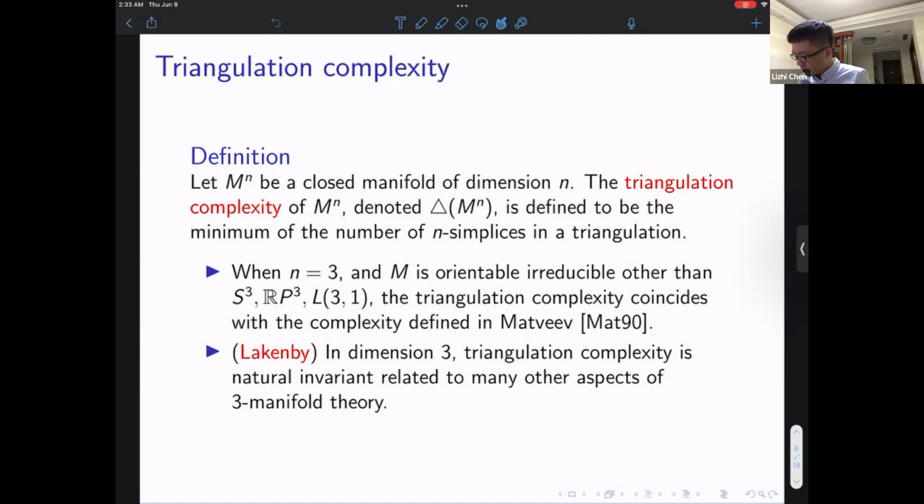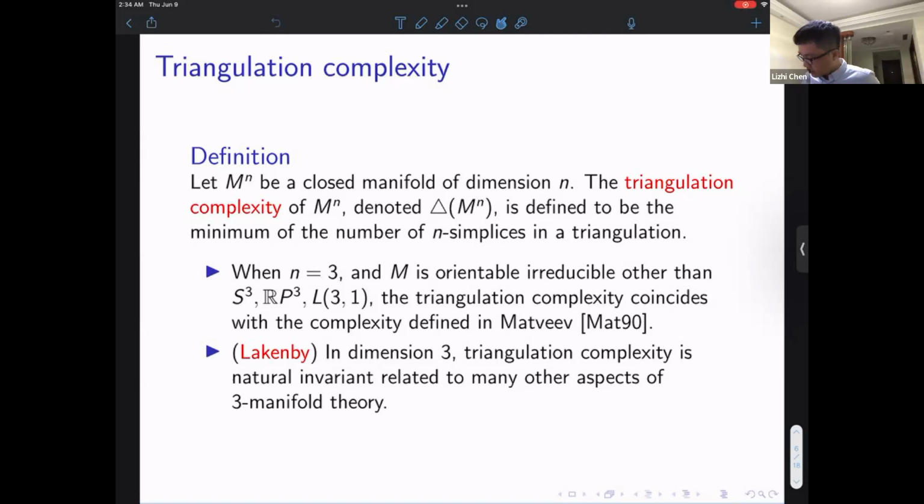In 3 dimensions, the triangulation complexity is exactly the complexity defined by Matveev, if the manifold M is orientable, irreducible, and not homeomorphic to the 3-sphere, real projective 3-space, or the lens space L(3,1). In dimension 3, the triangulation complexity should be a natural invariant related to many other aspects of 3-manifold theory.